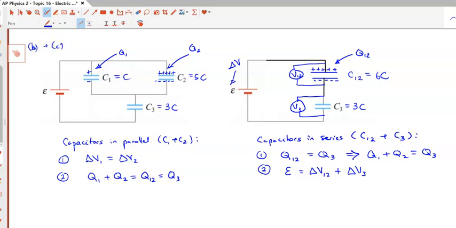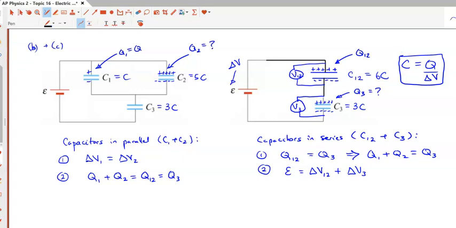To make things easier, perhaps we call Q1 just simply Q. And we want to know what Q2 is in terms of Q, and also what Q3 is in terms of Q. So we're going to use those rules. Another important formula that might be helpful here is that C is equal to Q all over delta V. So we're going to also use that to help us as well.